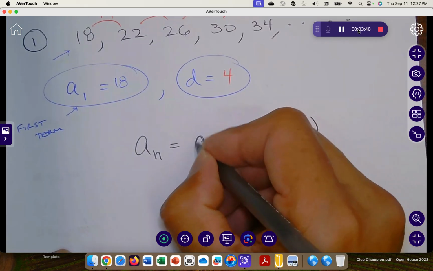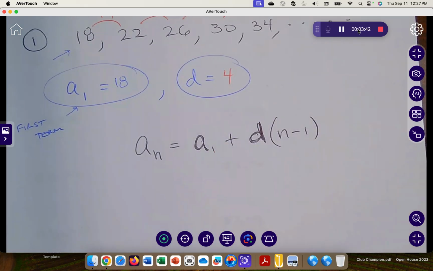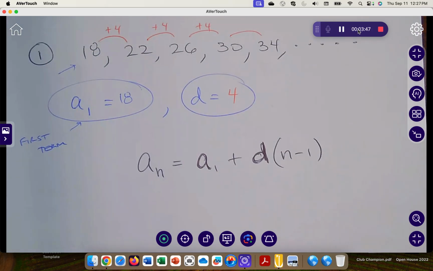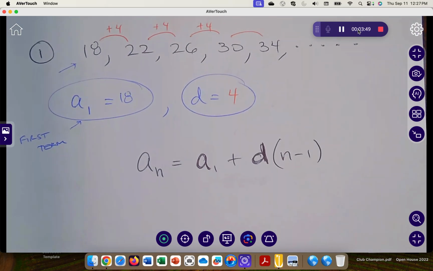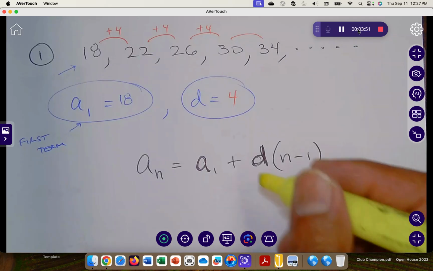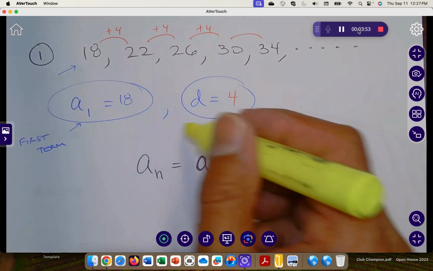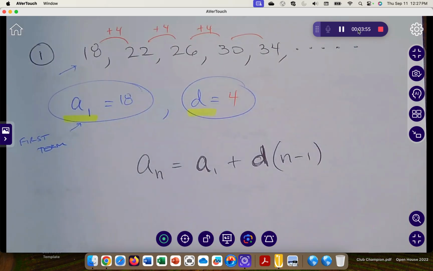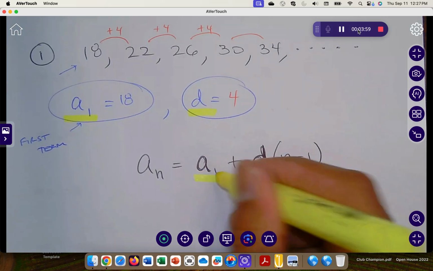So we know that. So all you have to do is put these two pieces of information where they belong. One of them goes here, one of them goes here.